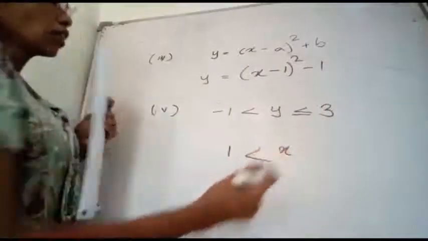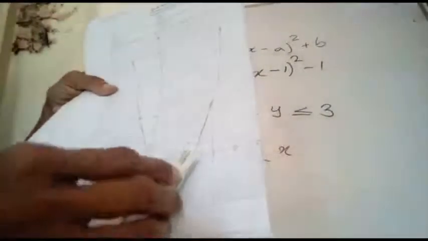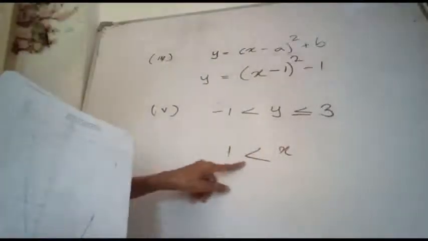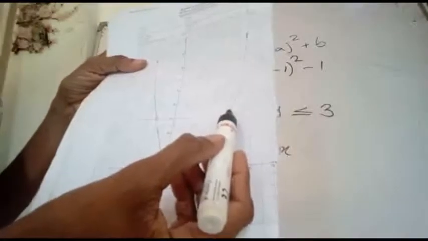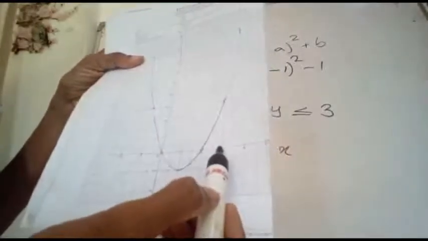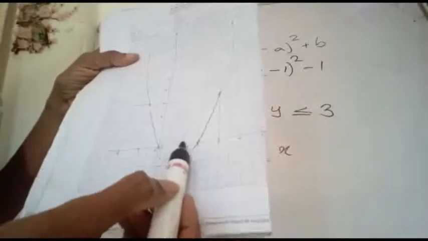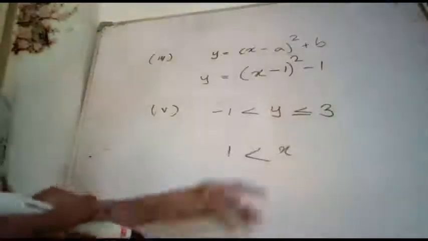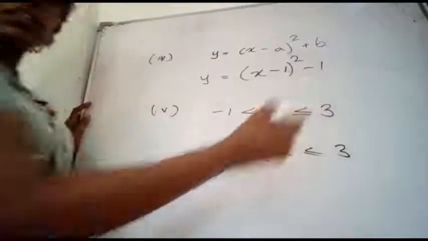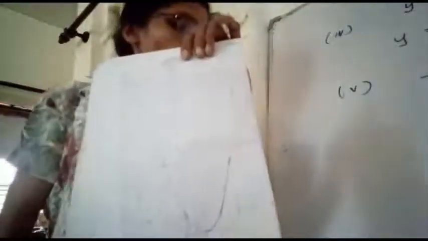Here the value of y increases negatively, then the value of x increases positively. x is greater than 1. And here the value of y is 3. The value of x is also 3. x is greater than 1 and less than or equal to 3. This is the answer.